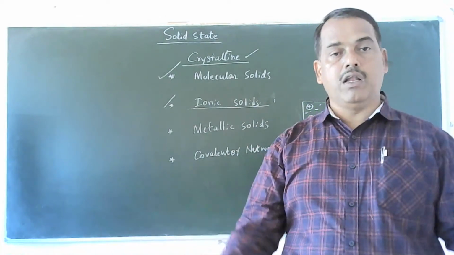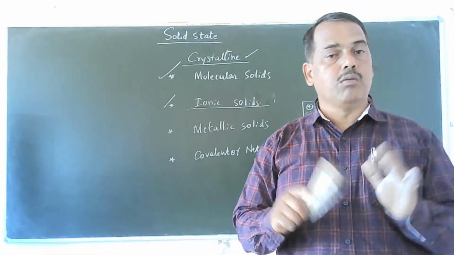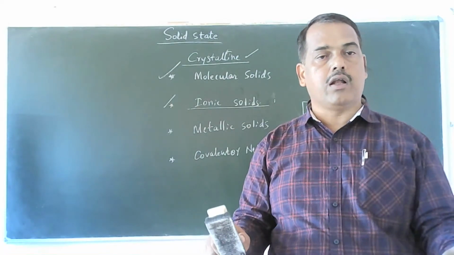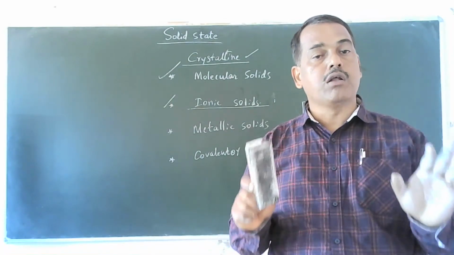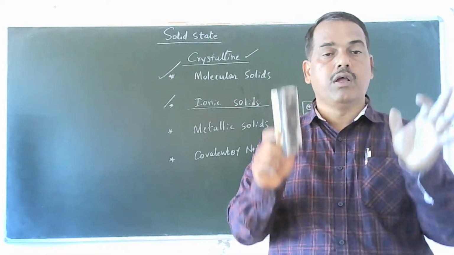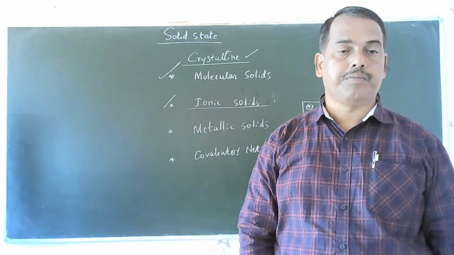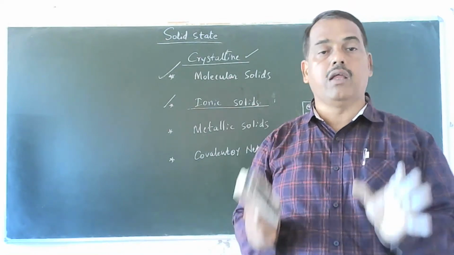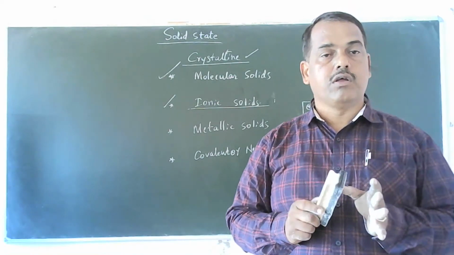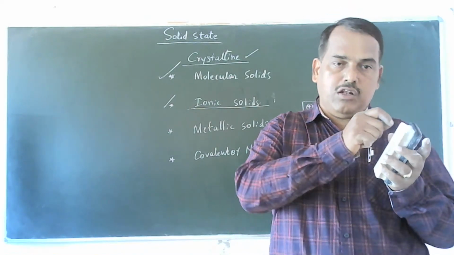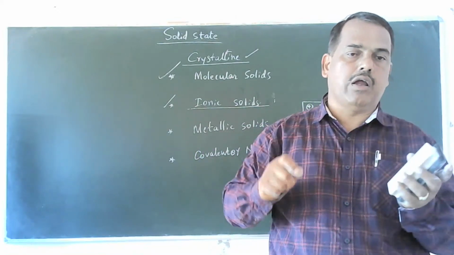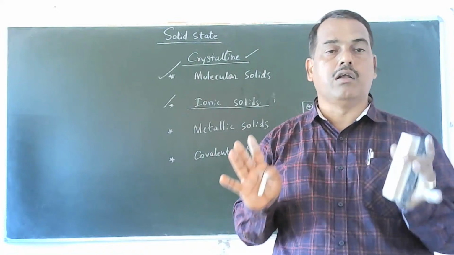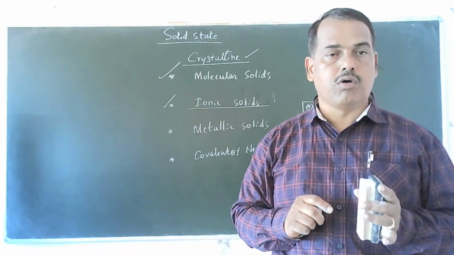As the mobile electrons are free to move in the entire lattice, metals are good conductors of heat and electricity. They are malleable, they are ductile. That means they can be drawn into a thin wire, and also a thin sheet.